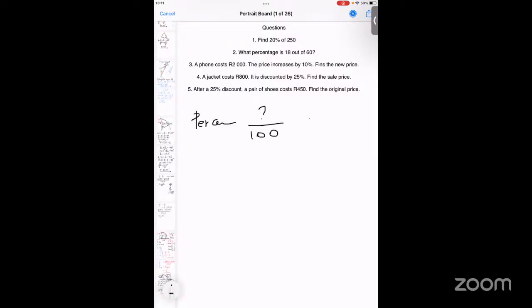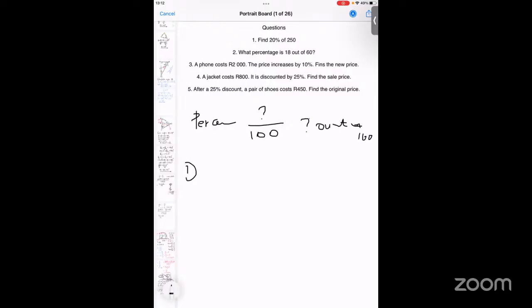So whatever you are given, you work it out to convert it to a percentage, whereby whatever is out of 100 is the same as this. Maybe let me start doing the calculations, because that's when it may make some sense.